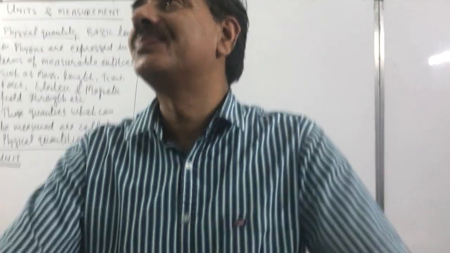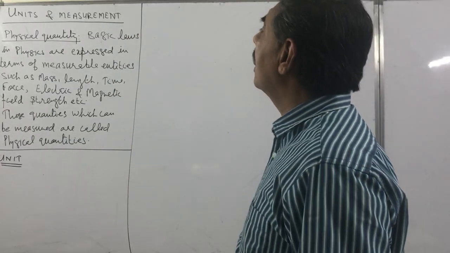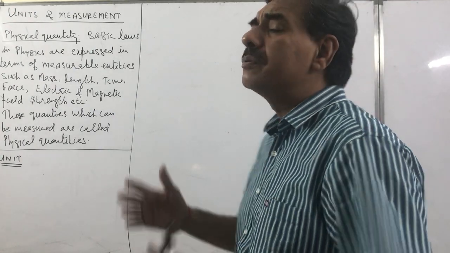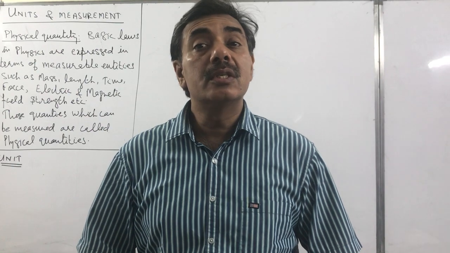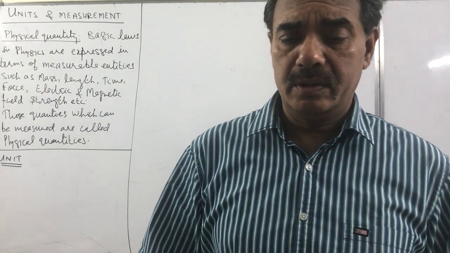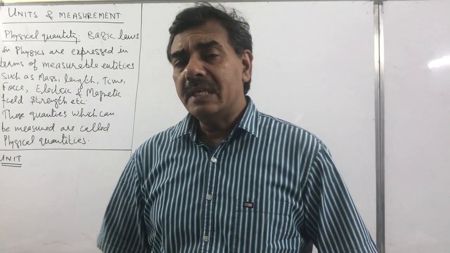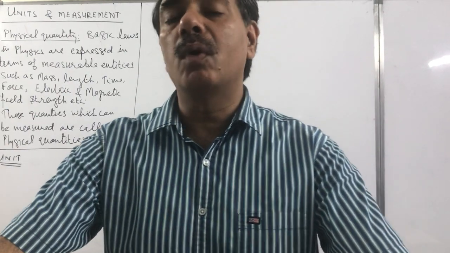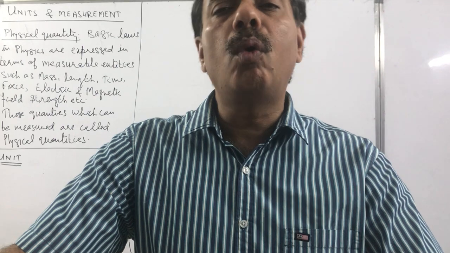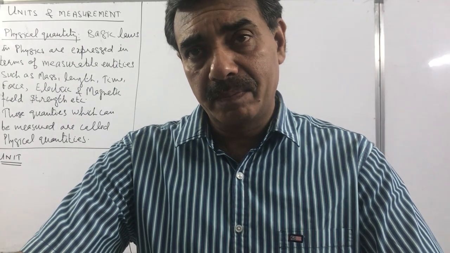Now, we are going to start with the first basic chapter of physics, which is units and measurement. In this lesson, we will teach you to derive or obtain the units of all quantities in the subject.